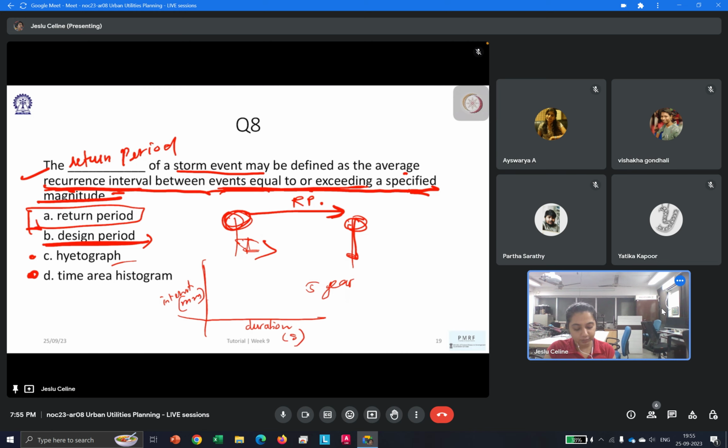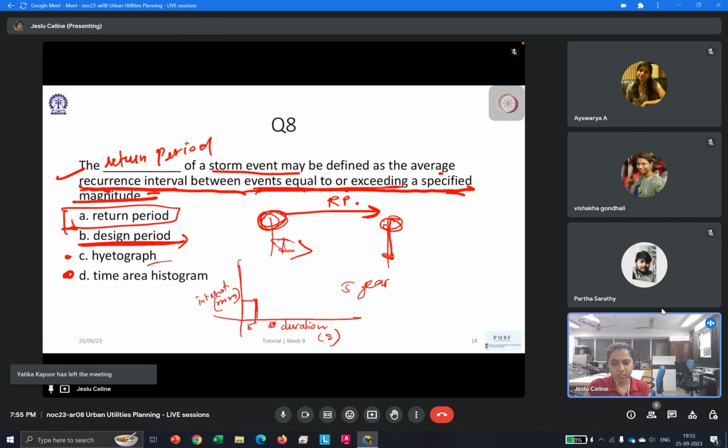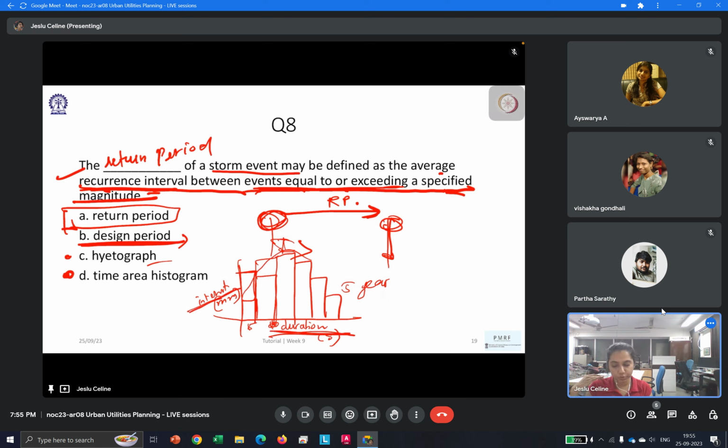So for a 5 second duration, what was the intensity of rainfall? Usually when it is a shorter duration, the intensity is high. Now for a 10-second duration, what was the intensity? So you get a graph something like this. This is a hydrograph which plots the duration of rainfall with the intensity of rainfall which was there.